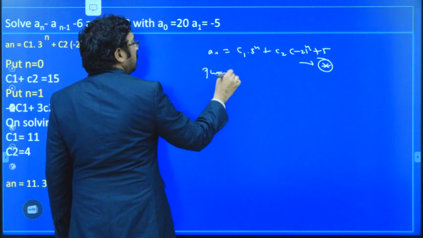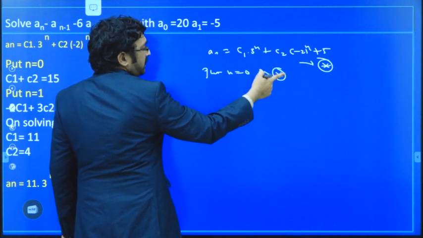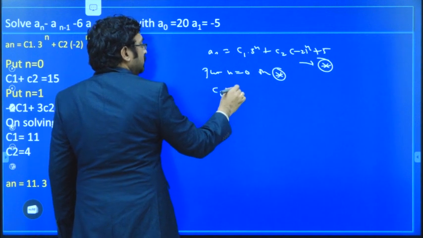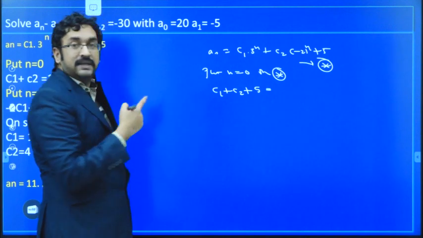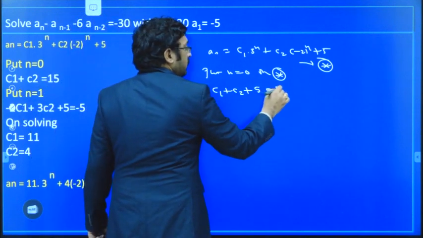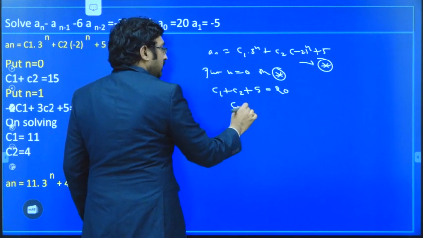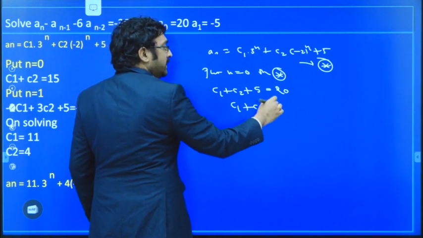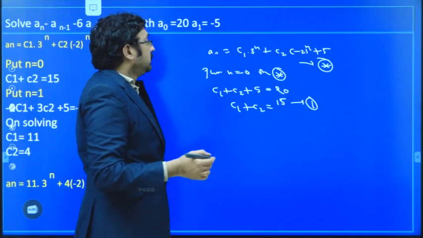So put n equal to 0 in the equation. Anything power 0 is 1. So c1 plus c2 plus 5 equal to a naught. What is a naught here? 20. So if you take 5 to the right side, then we will get c1 plus c2 equal 20 minus 5, that is 15. Assume this as equation 1.